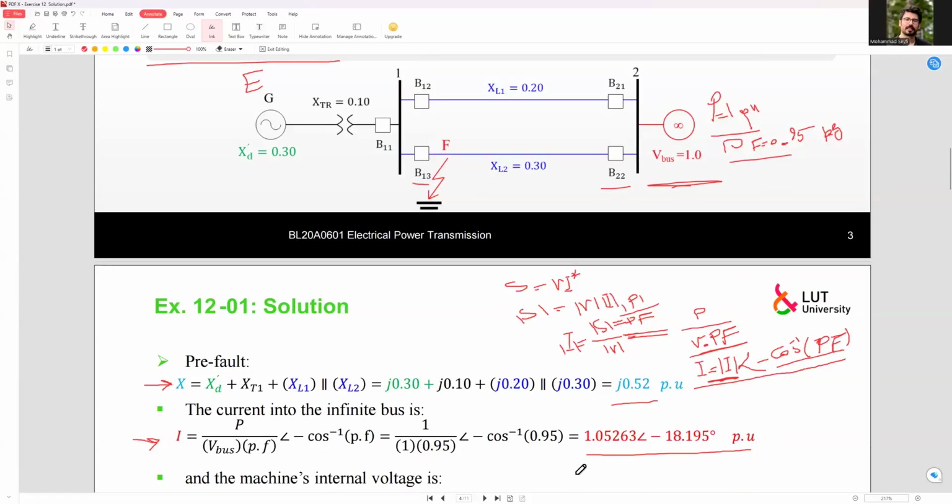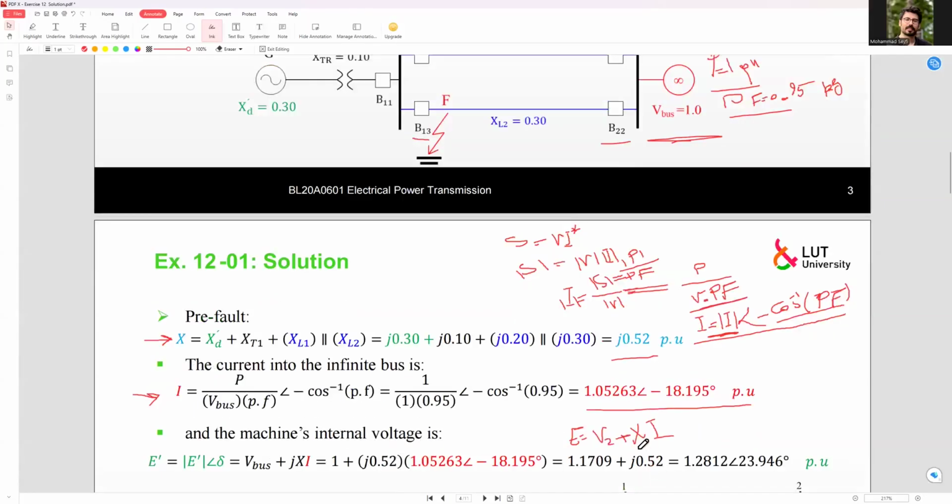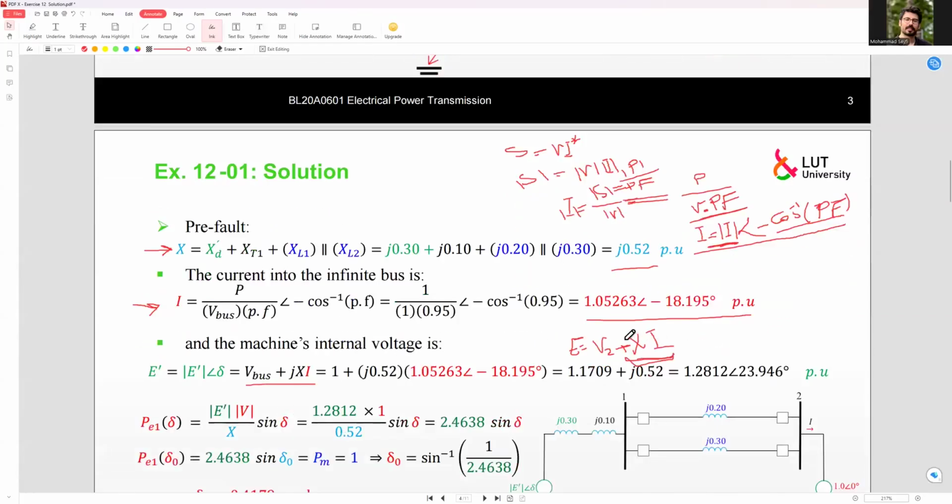Then by having it, E would be equal to V2 plus jX times I, right? This is our voltage drop between the generator and bus number 2. So yes, sorry, this should be XI, or maybe we can see it like X itself contains the j, but here we have seen like this.